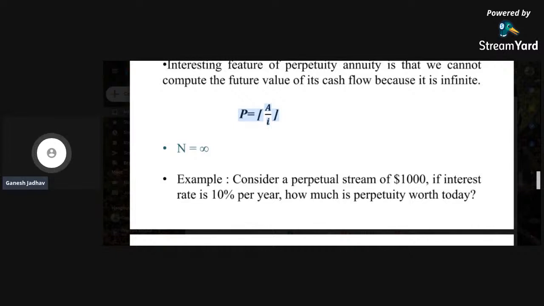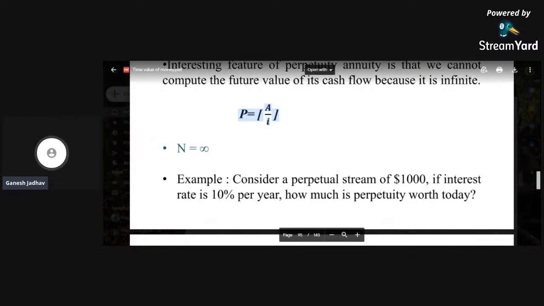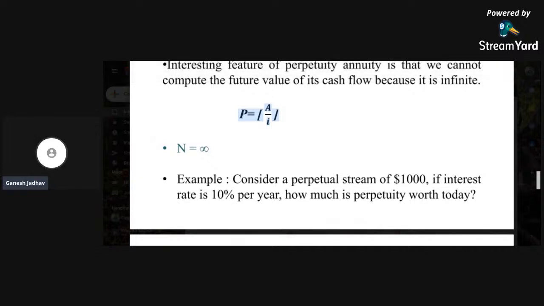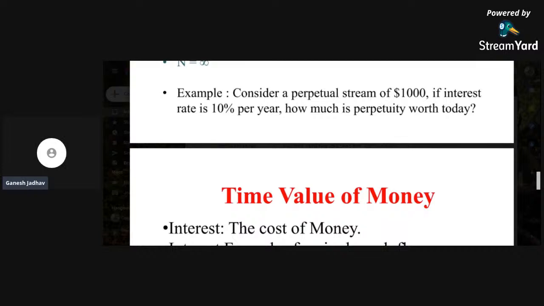If the interest rate is 10%, the value of I is 0.1, not 0.01, 0.1 per year. So how much is the perpetuity? The division gives 10,000. That is the perpetuity, that is the value of P.